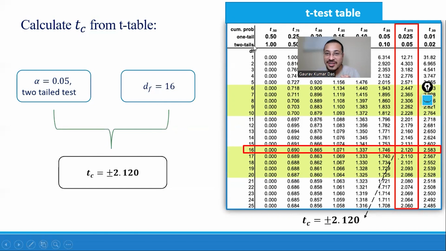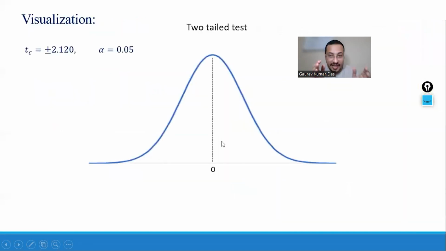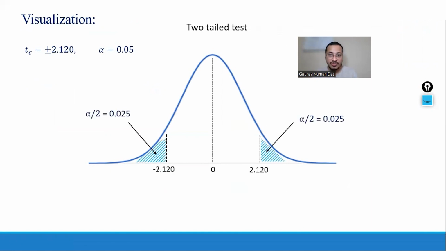See, okay, so don't get confused. For two tail it is 0.05, but for one tail it is 0.025, because when we compare ultimately with T critical, I have to compare it only on one side, right? Either this or this, correct? So the comparison will be with alpha by 2. So minus 2.120 for this side, plus 2.120 for this side.